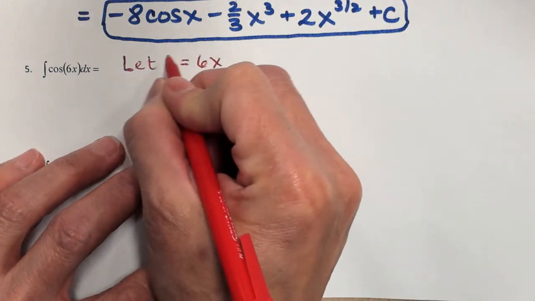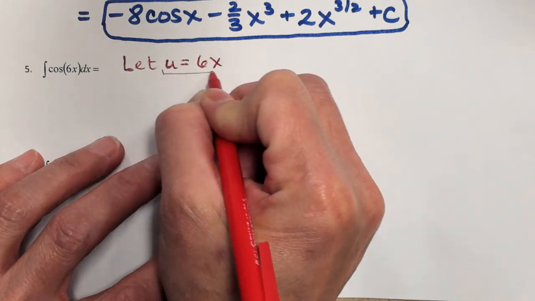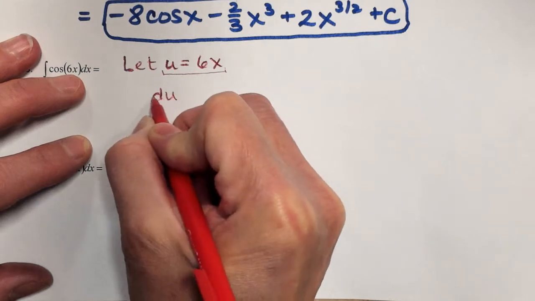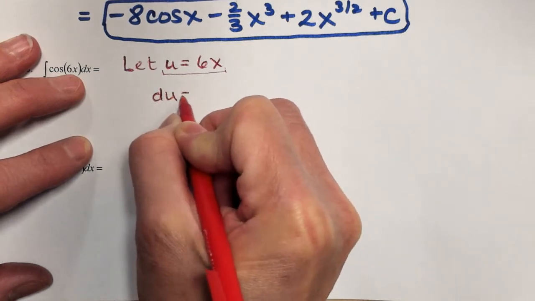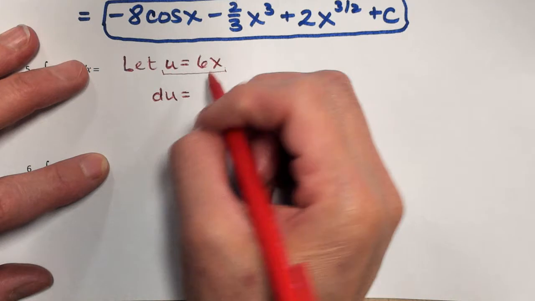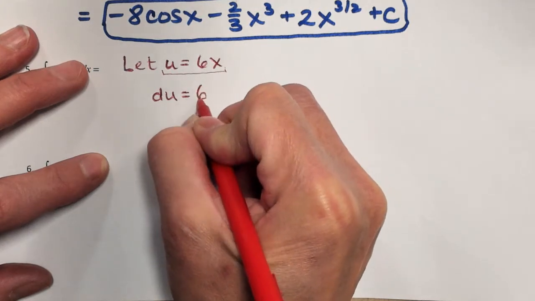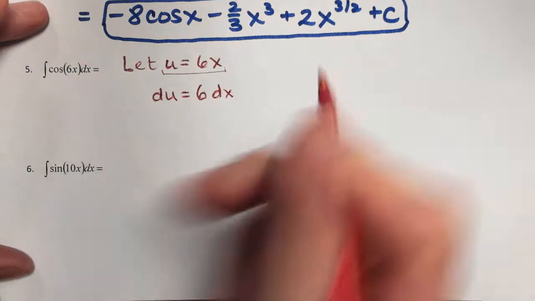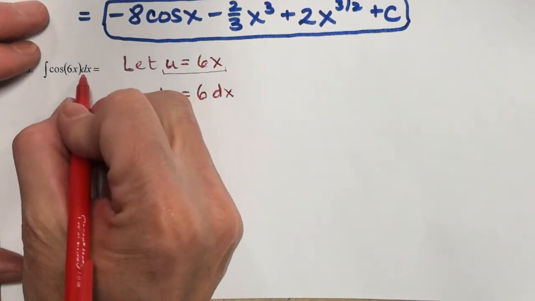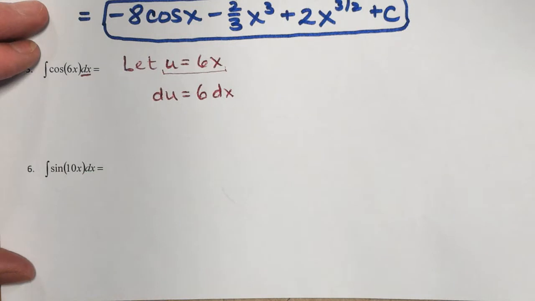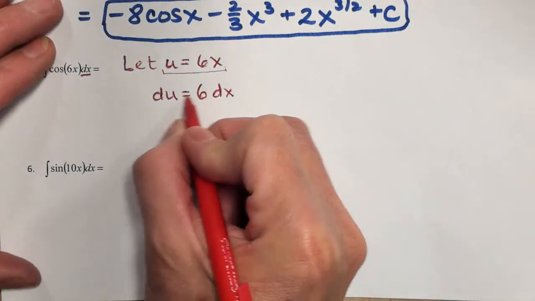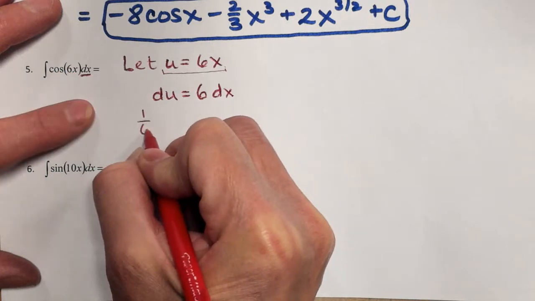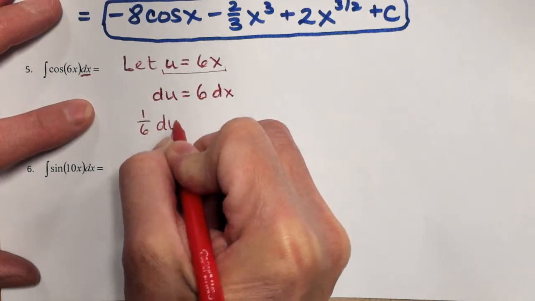If I take the derivative of this equation, the derivative of u is du. The derivative of 6x is 6 dx. Okay, now, I don't have 6 dx, I just have dx. So I'm going to divide both sides by 6, or think of it as multiplying by 1/6.